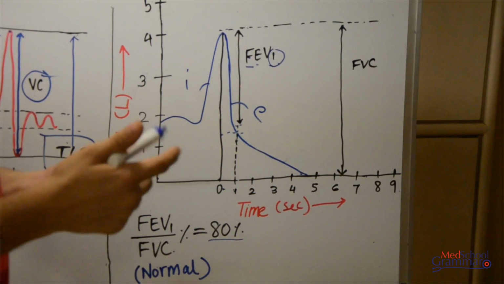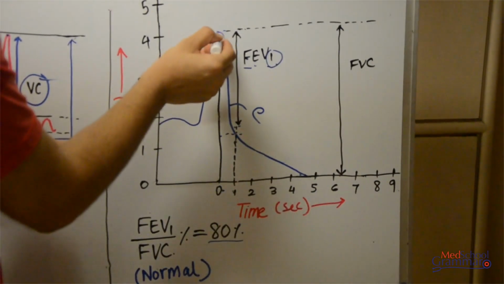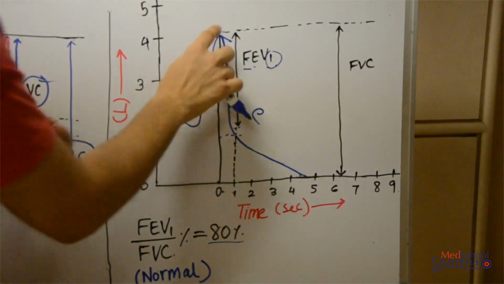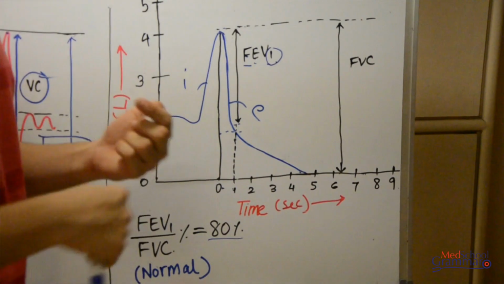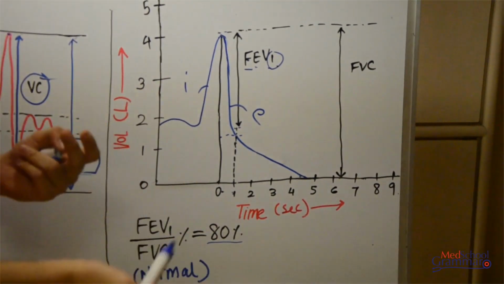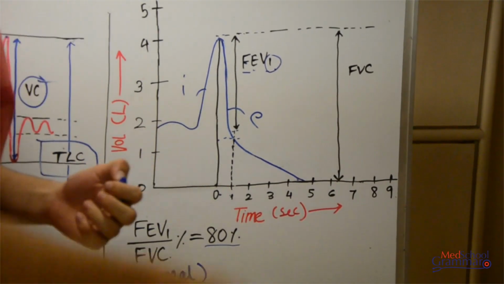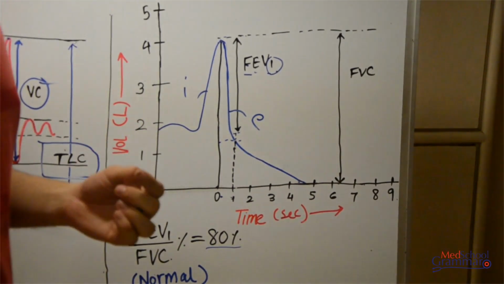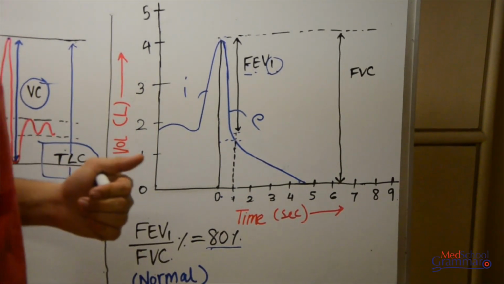The vital capacity is this much. The vital capacity is the amount of air you expire after maximum inspiration. So after maximum inspiration, the amount of air that you blow out during the first second is the FEV1, and that is the percentage of the total air that you expire. In normal individuals it is approximately 80%.